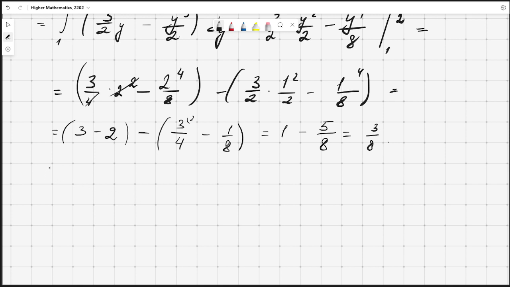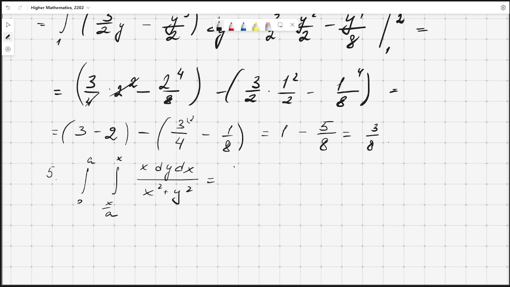5. Integral from 0 to a of integral from x over a to x dy dx over x squared plus y squared.